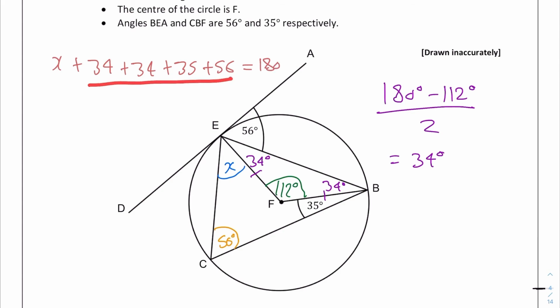If you add all of these numbers together, you get an answer of 159, and then of course we still have that plus X, so X plus this is still equal to 180 degrees. To get X, we just subtract this over to that side, so X is equal to 180 degrees minus 159, and that gives us a final answer of 21 degrees.